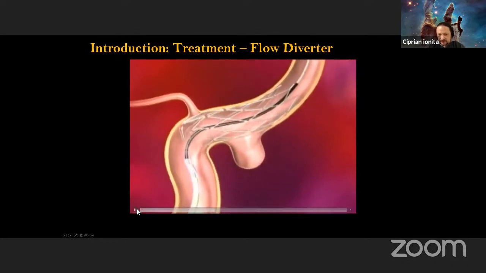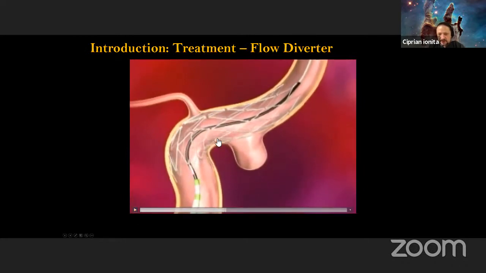The other treatment is a simulation of the concept of the flow diverter. This is not a flow diverter, but the idea is represented here: you deploy a much denser device over here that will divert the flow away from the aneurysm neck. And there are different sizes. If you're thinking about how the device works, it's more like a finger trap.